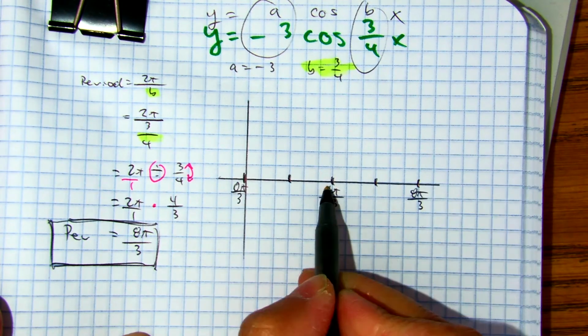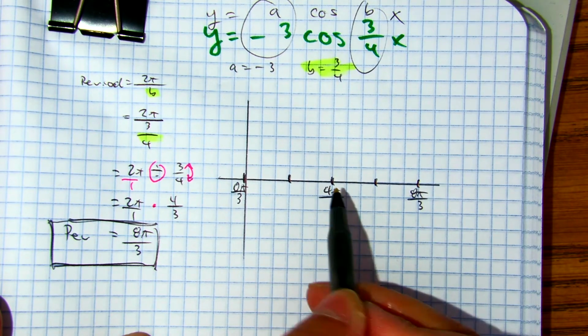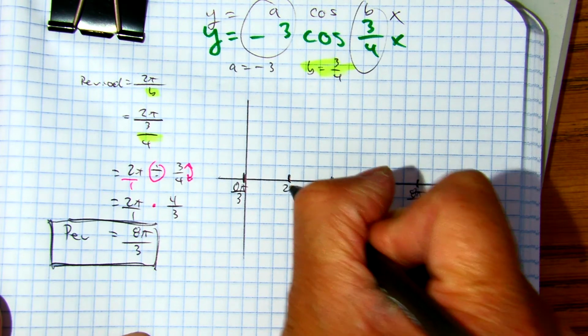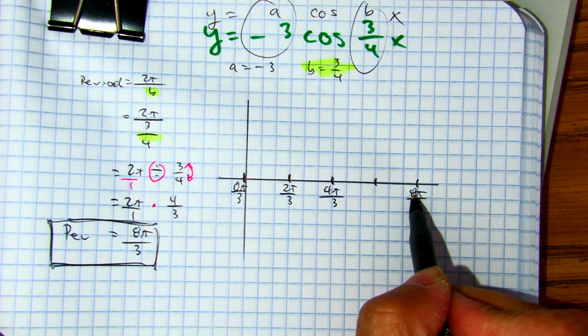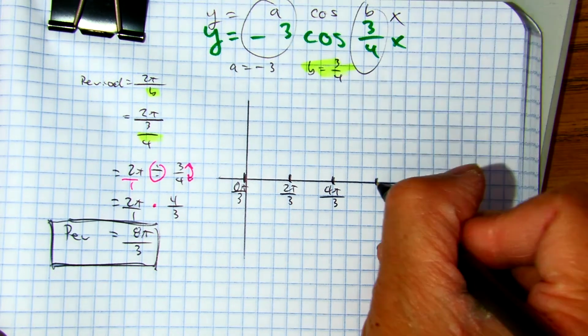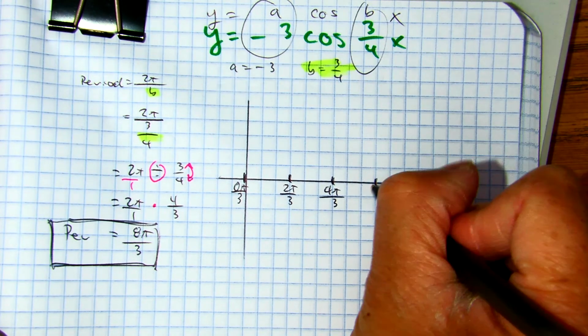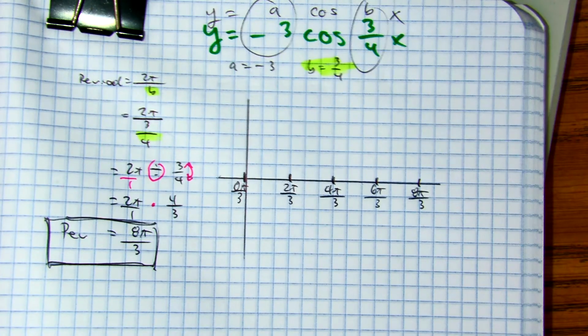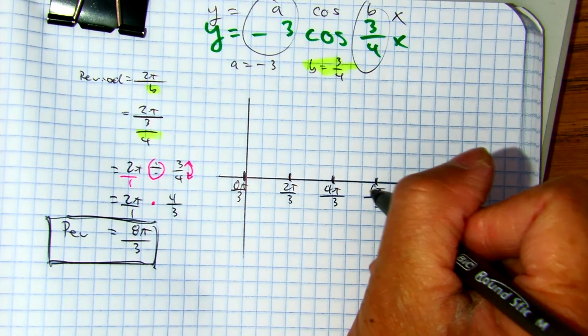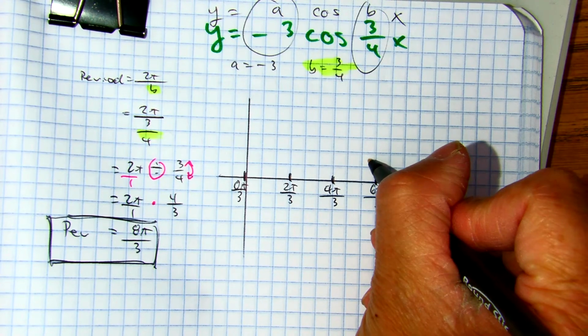0 plus 4? 4. 4 divided by 2? 2 pi over 3. 4 plus 8? 12. 12 divided by 2 is? 6 pi over 3. Now I'm going to keep that there. But we also know when you simplify that, that becomes what? 2 pi.